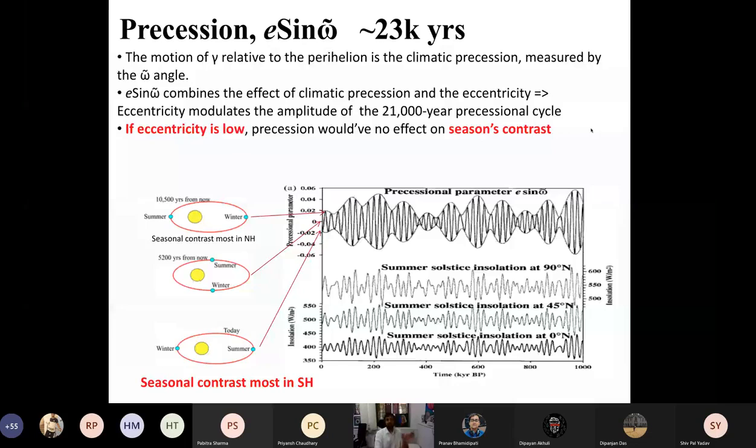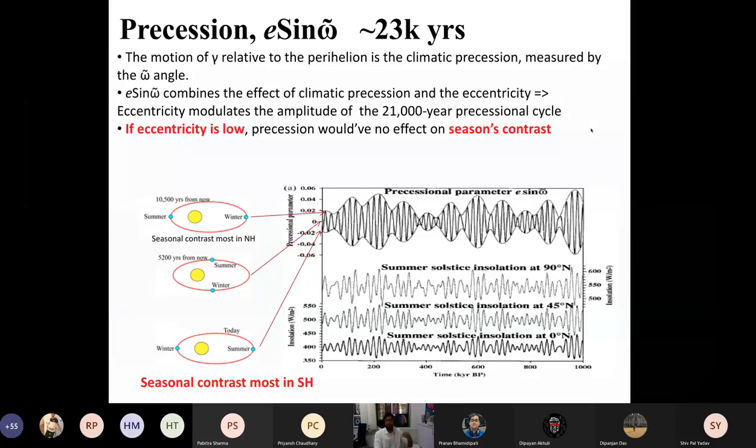If an eccentricity value is low, there will be no seasonal contrast with the precessional cycle. However, if the eccentricity is high, we can expect a large seasonal contrast with the precessional cycle. So we're going to ignore the precessional cycle for now, because this will become important when we talk about glacial interglacial cycles.